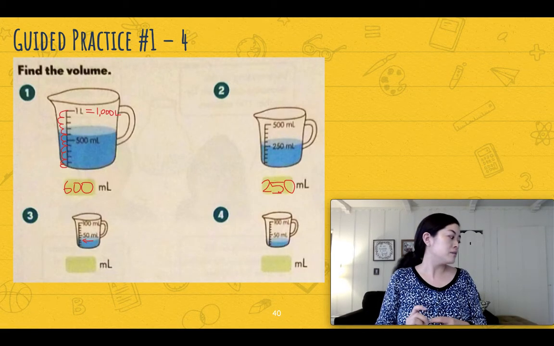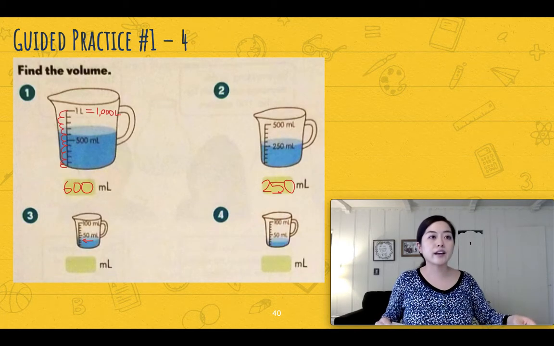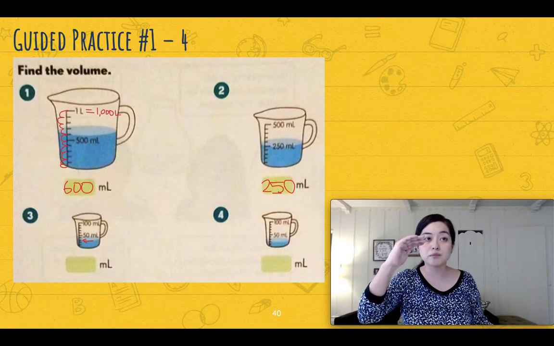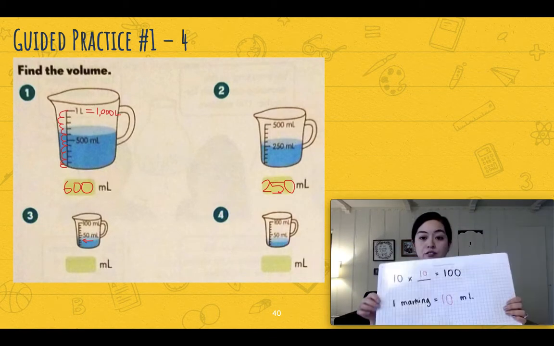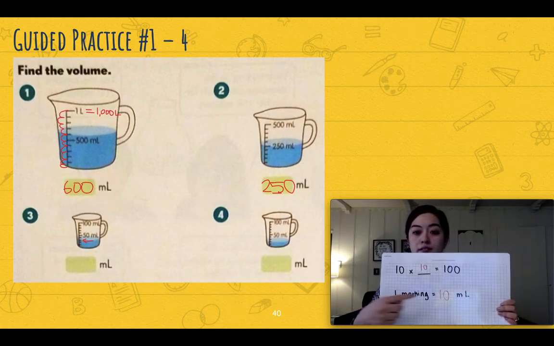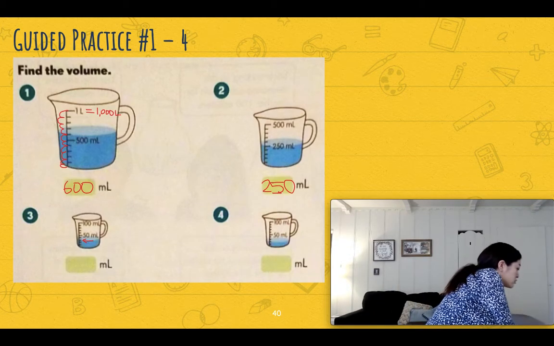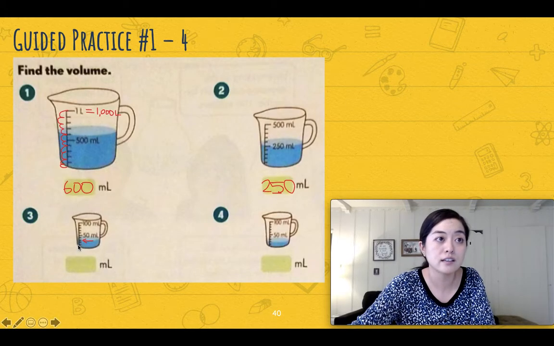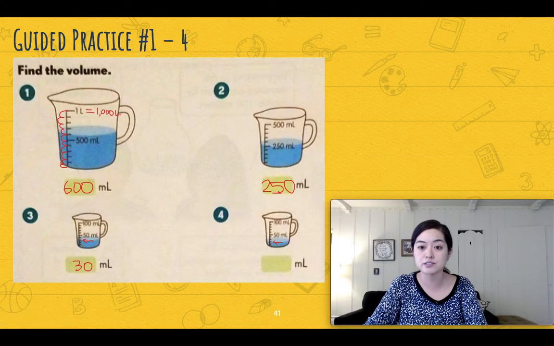And when I count from the bottom of the cup all the way to 100 milliliters to see how many markings there are, there's 10. And if you remember, 10 times 10 is 100, so one marking is 10 milliliters. Okay? So we're going to the third marking from the bottom of the cup, and let's count by tens. Ready? 10, 20, 30, so that is 30 milliliters.